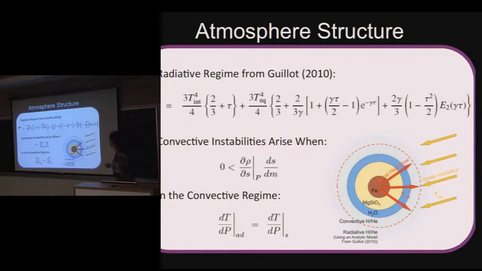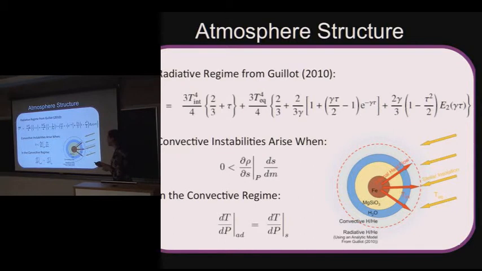I'm considering planets with envelopes in radiative-convective equilibrium. Where the envelopes are convectively unstable, I'm using an adiabatic temperature profile. And then for a photospheric boundary condition, I'm using this generalized version of the Eddington atmosphere, which is an analytic solution to the semi-gray two-stream approximation equations of radiative transfer from Guillot 2010.